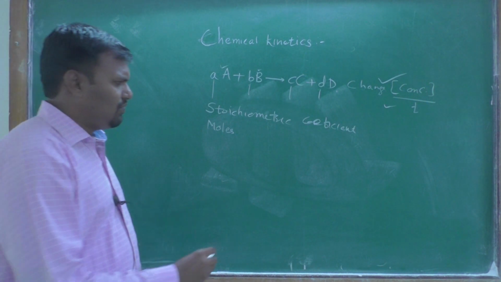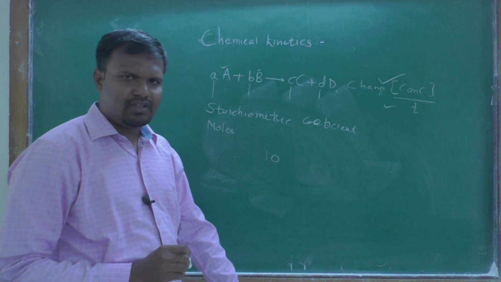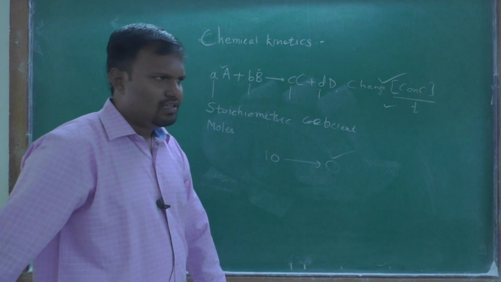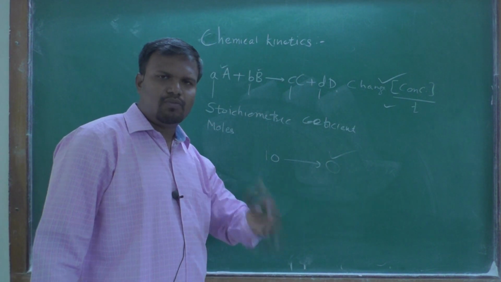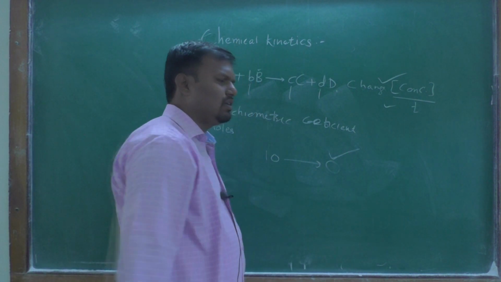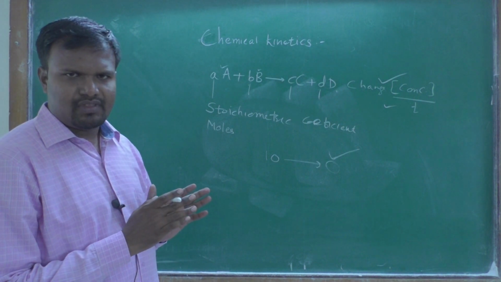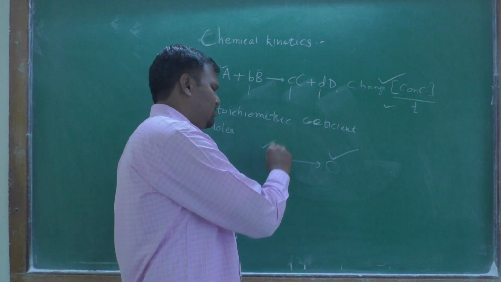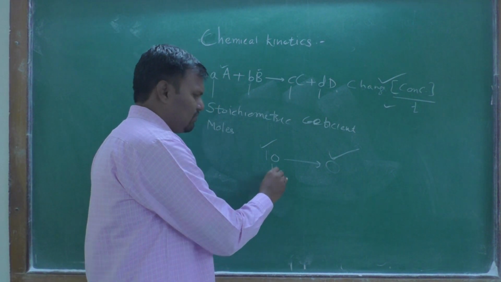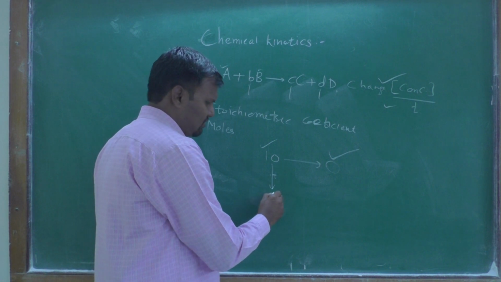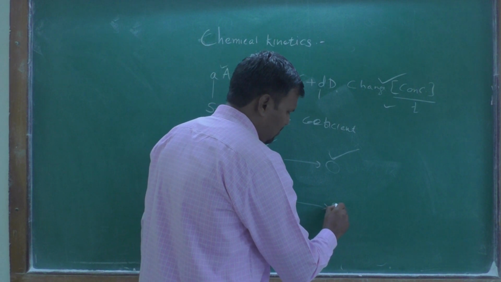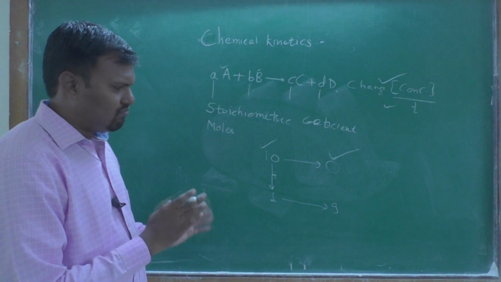Now, suppose we have 10 reactant molecules at the start. At the start, the product has 0 molecules, so the concentration at time 0 is 0 and the concentration of reactant is 10. After some time t, 1 remains and 9 are converted into products.